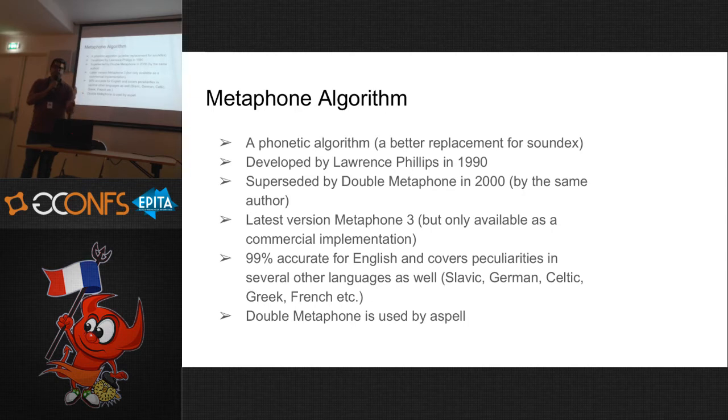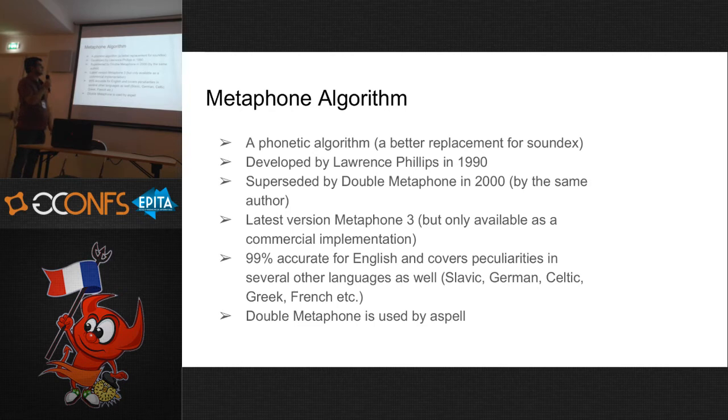Those are the possible corrections for this particular word. The advantage of Metaphone over Soundex is that it covers not only English but also many other languages, so if we want to use it for other languages, this works quite well. There have been three Metaphone algorithms. The first one was developed in 1990, but it had some bugs.